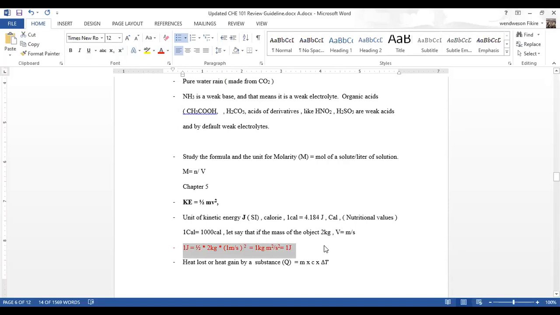Excuse me, Professor. Yes. If I don't see it wrong, it said 1 calorie equals 1,000 calories. Is that correct? Yes, there's a difference with the big Calorie. The big C refers to nutritional values. So 1 big C Calorie equals 1,000 calories, which is equivalent to 1 kilocalorie, by the way.